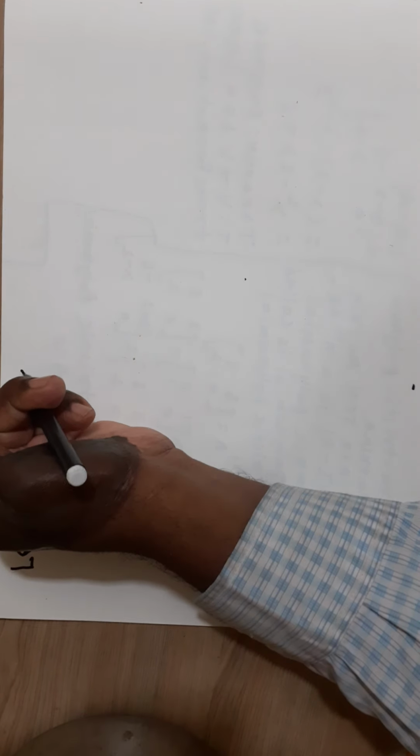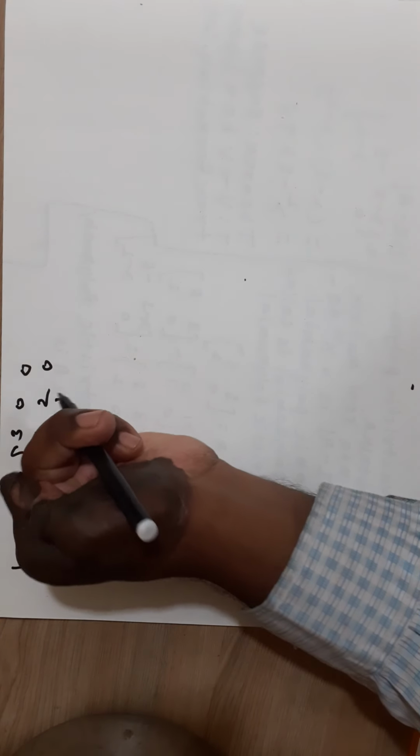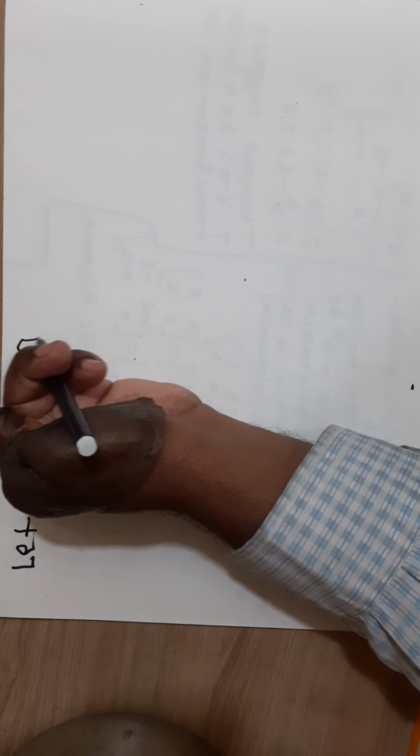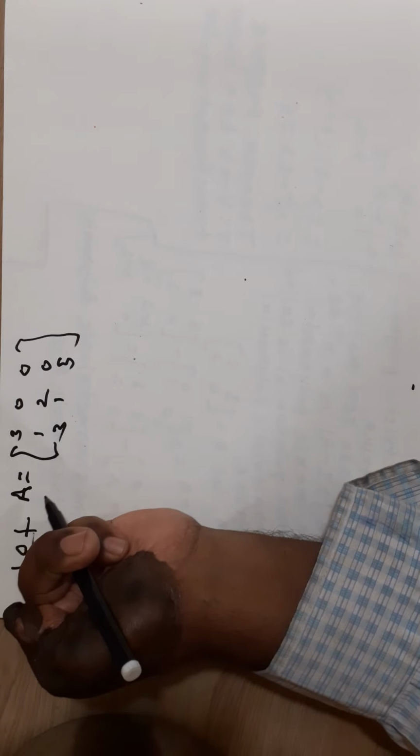Let the matrix A be equal to 3 0 0, 1 2 0, 3 1 5.